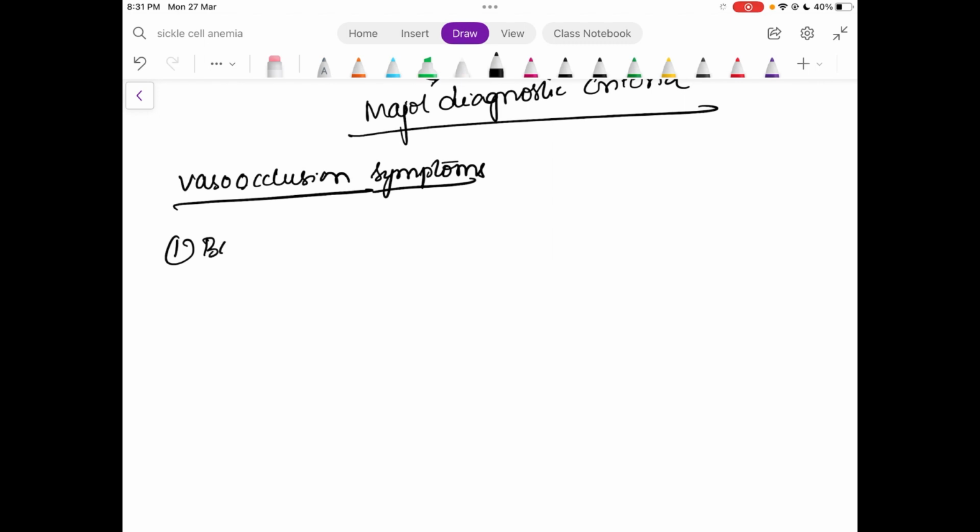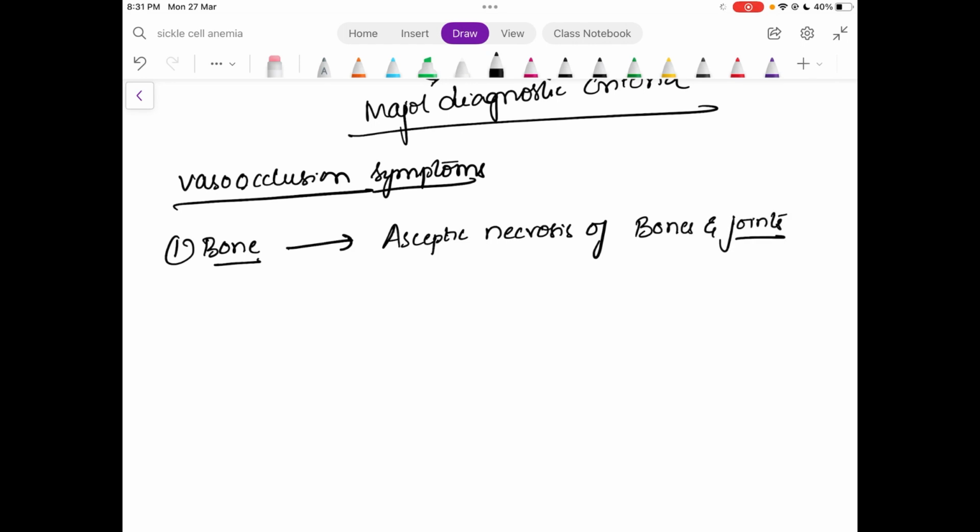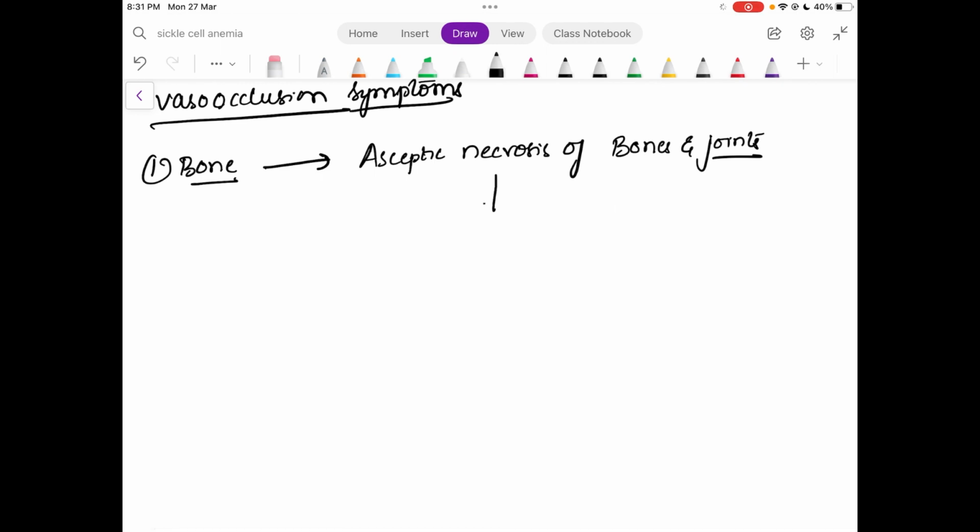In bone, the patient may present with aseptic necrosis of bones and joints. This is most commonly seen in which joints? Femur and humerus.